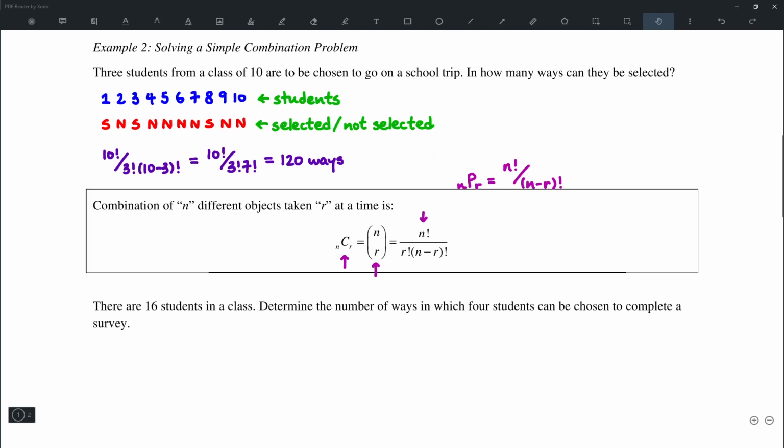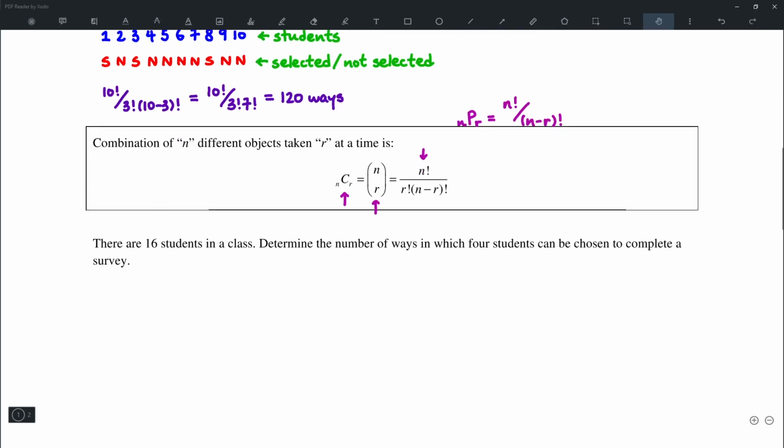So one more to look at, a quick example using the formula. 16 students, 4 of which are going to be selected for a survey. So this is a combination question because the order in which the 4 students are selected does not matter. So this is just 16 choose 4.